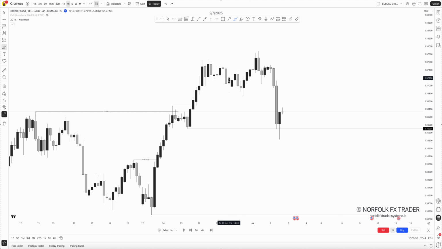But to confirm this, we want to see a pullback. Now we can do that already by understanding internal structure. So when we see this candle pulling back, and I'll mark it off with an arrow, we can mark off a valid high. What I'm going to do, I'm going to use the magnet so I can make sure this is correct. And you can see we don't close that high, we just close at the high.